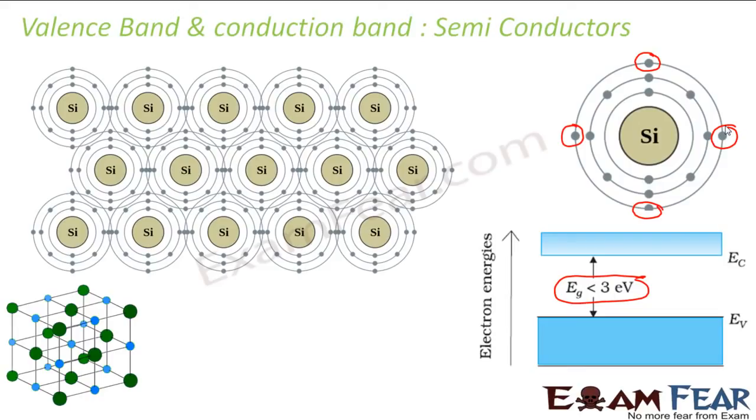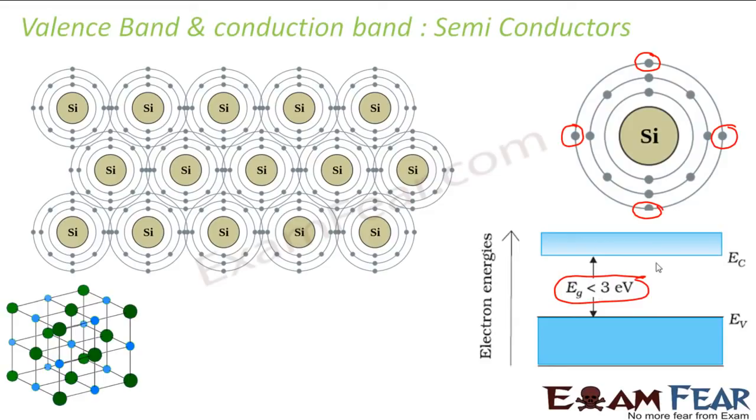So if we supply some amount of external energy, then it can happen that we can bring these valence electrons out of the valence band. This small amount of energy which is required for the electron to jump from the valence band to conduction band is very small in case of semiconductors.